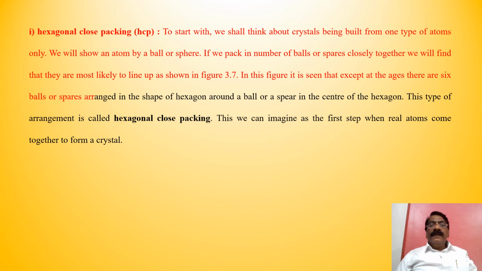In this figure, it is seen that except at the edges, there are 6 balls or spheres arranged in the shape of a hexagon around a ball or sphere in the center of the hexagon. This type of arrangement is called hexagonal close packing.